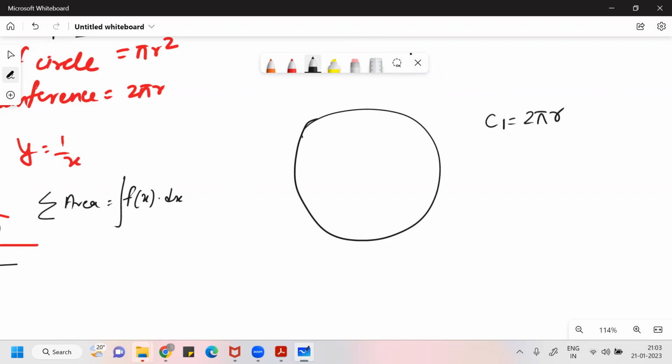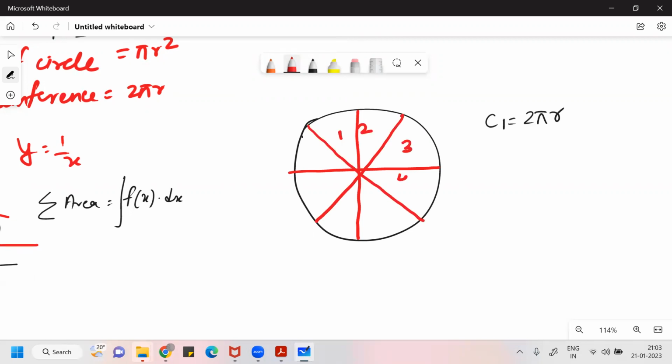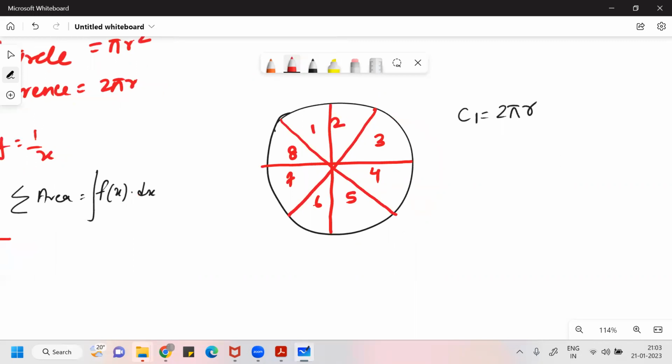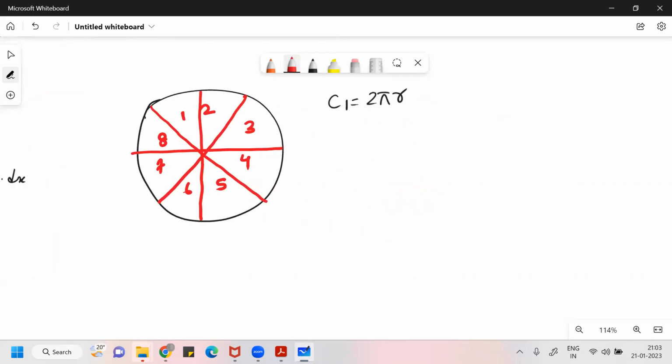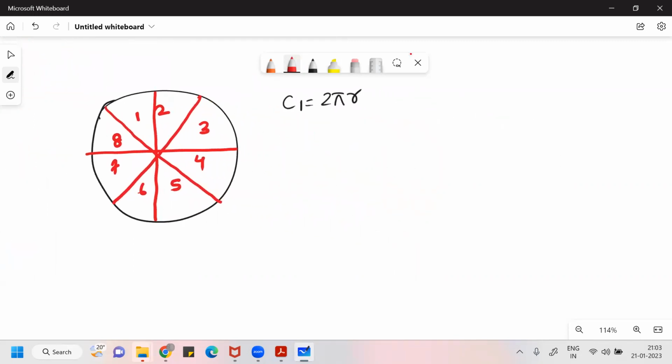Now what the mathematicians at that time said is that if you want to find the area of the circle, let's break the circle into small parts. Maybe 1, 2, 3, 4, 5, 6, 7, 8 parts. Then you take these parts together.